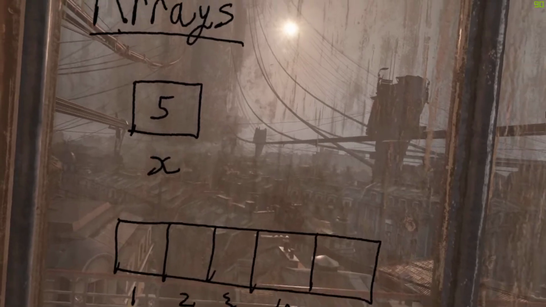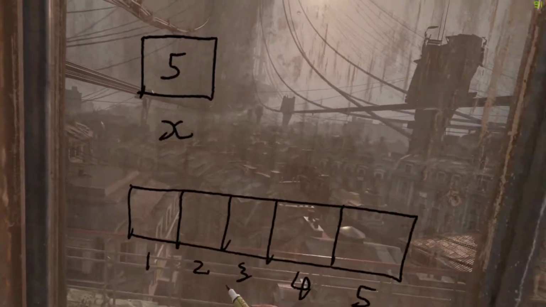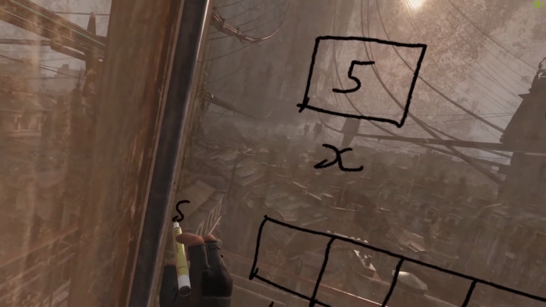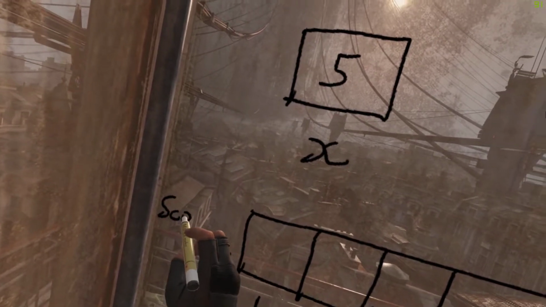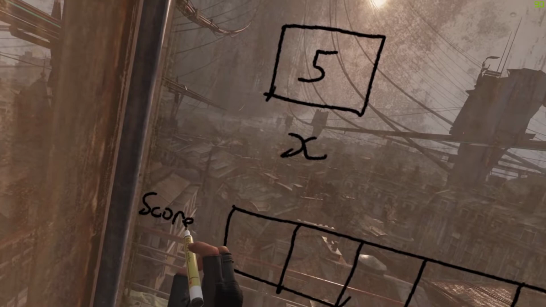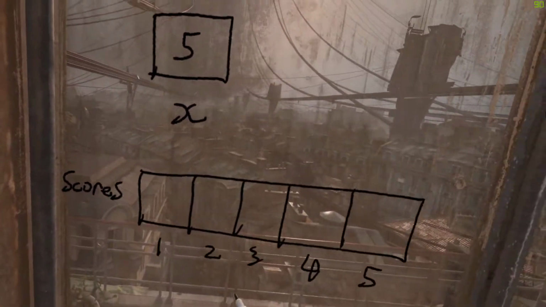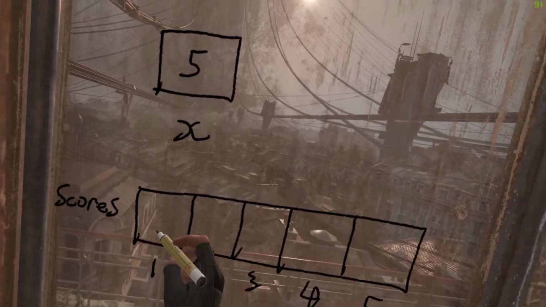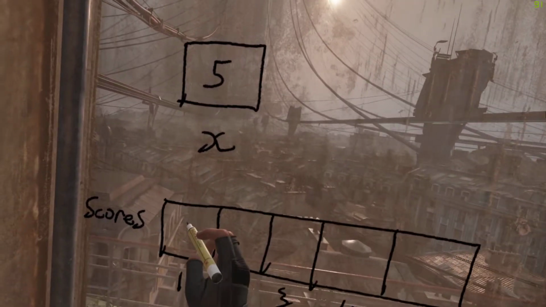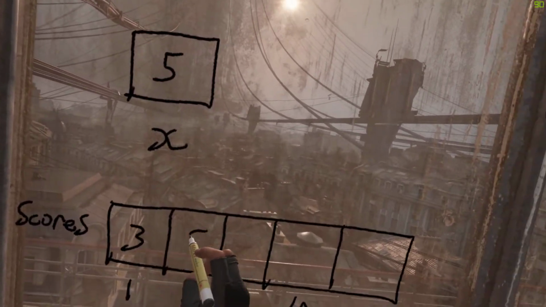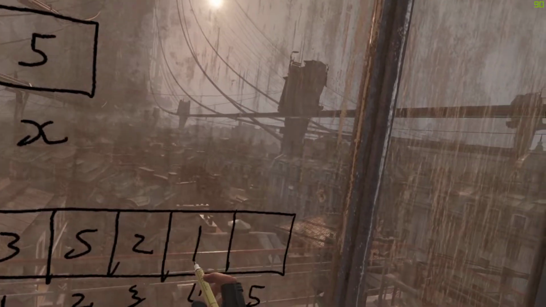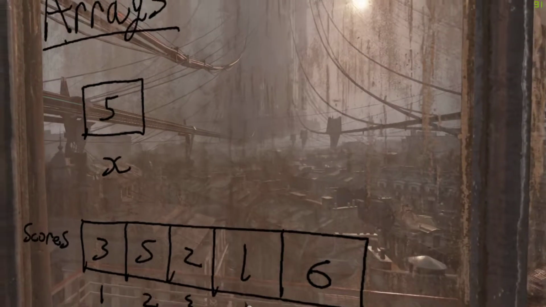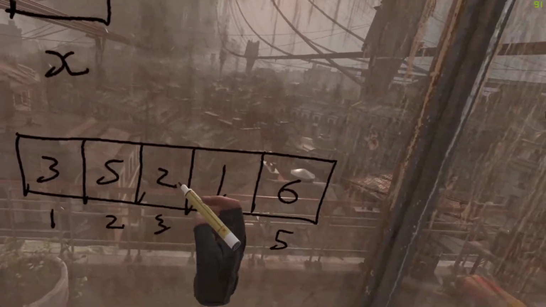The array has to have a name, so we could call this array scores. And we can put values in each item, in each location in the array. We could put a number 3 here, number 5, 2, 1, 6. Now this array will be of type integer because we store integer values, okay?